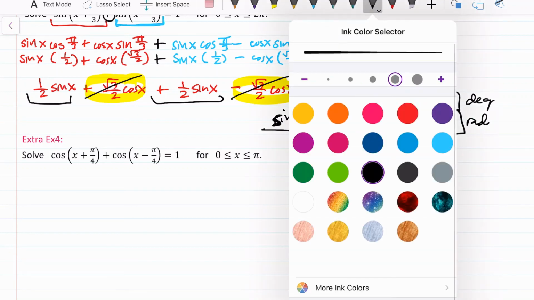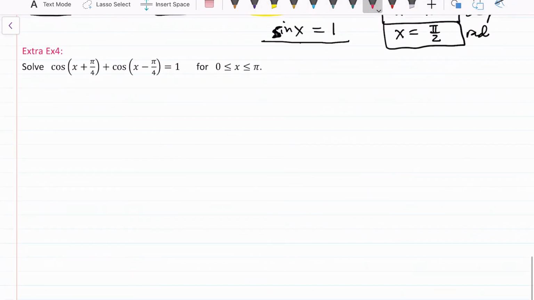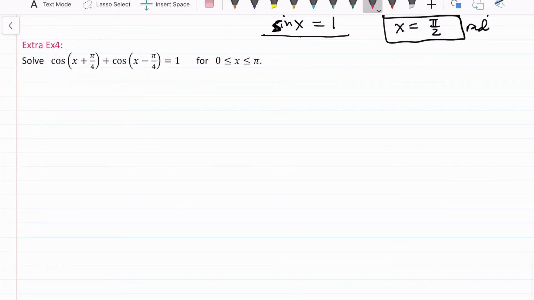Okay, here we go. Same thing, I will write the formula first and then fill in everything. So cosine of x, cosine of pi over 4, minus sine of x, sine of pi over 4.